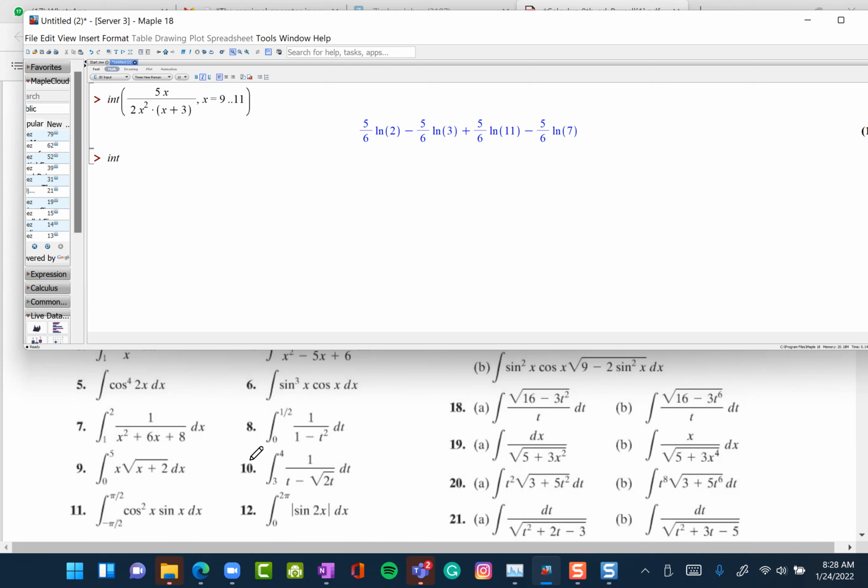So integral of 1 over e minus square root, the square root of 2t, t equals 3 to 4. There, good.